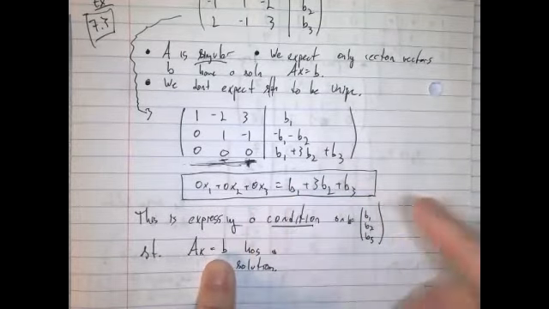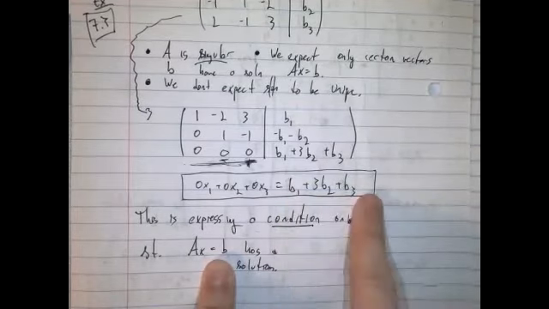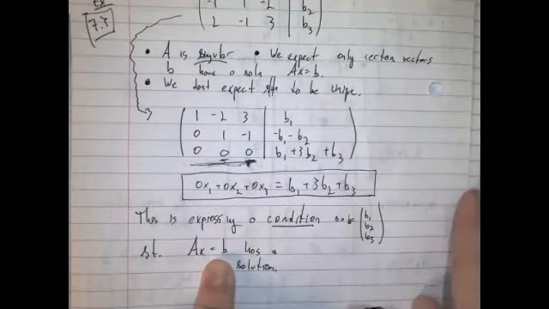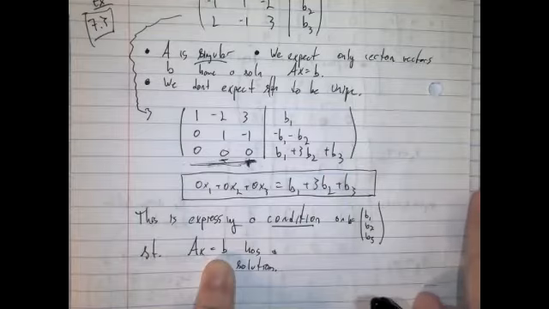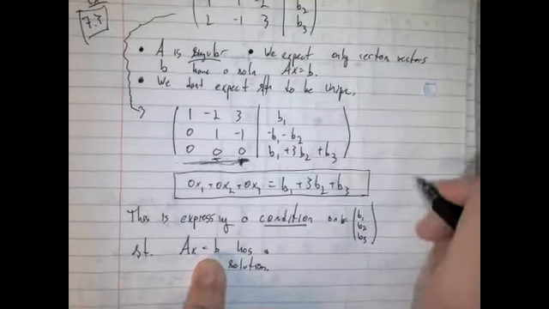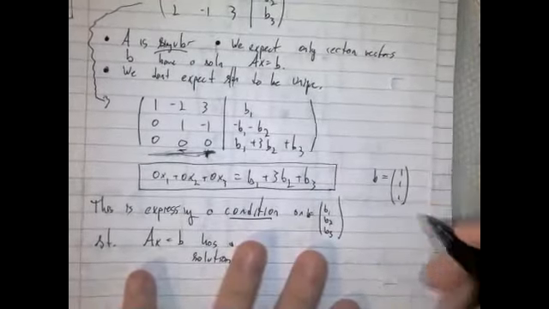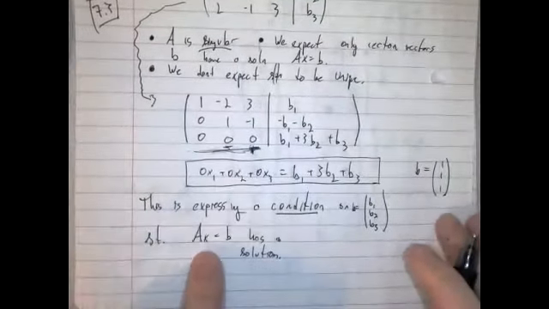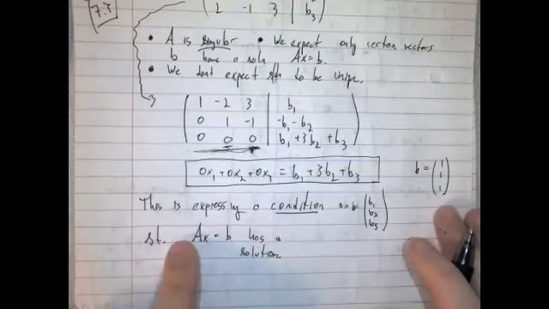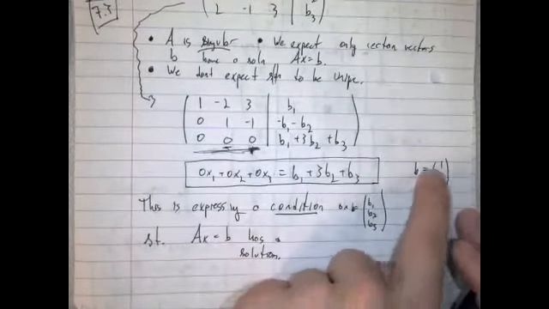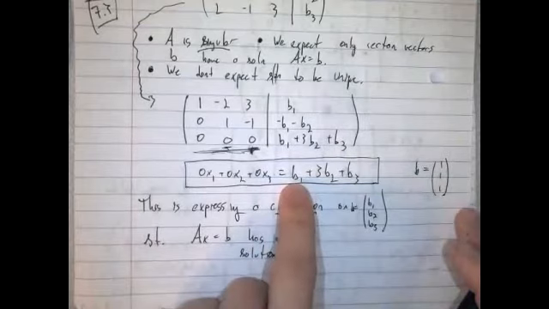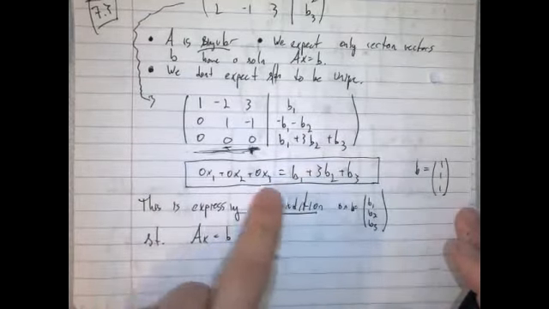If I find some vector that does not satisfy this, there is no solution. So for instance, the vector B equal to 1, 1, 1 has no vector X such that A sends x to B because 1 plus 3 plus 1 is not equal to 0.